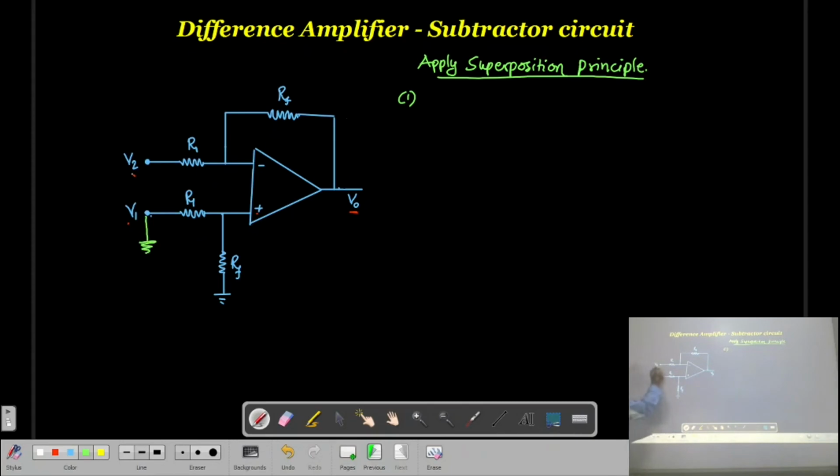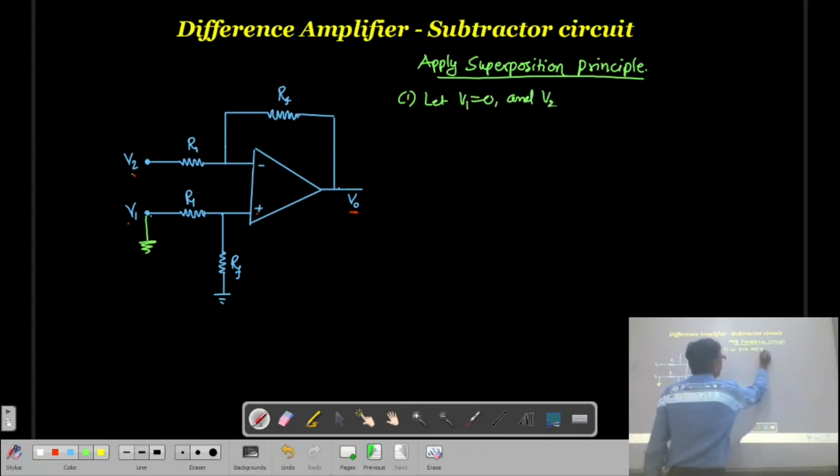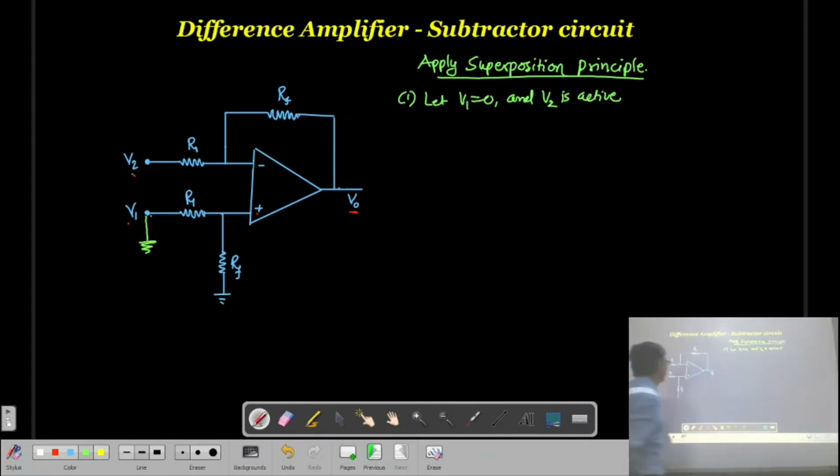Now first of all, we will consider V1 is ground, meaning this is connected to the ground. And what is the output voltage due to V2? So let V1 be equal to 0 and V2 is active. Correct? So now you will find here V1 is connected to ground. It means your non-inverting terminal is also connected to the ground.